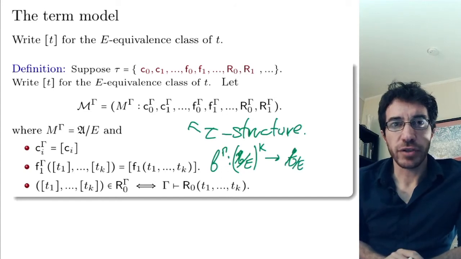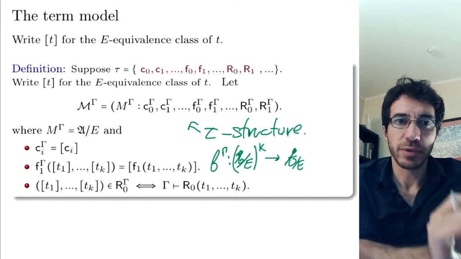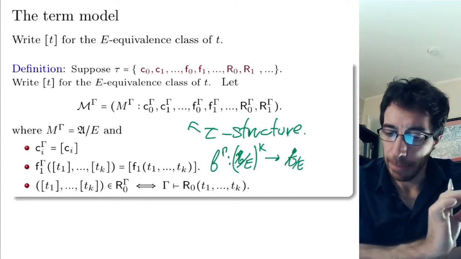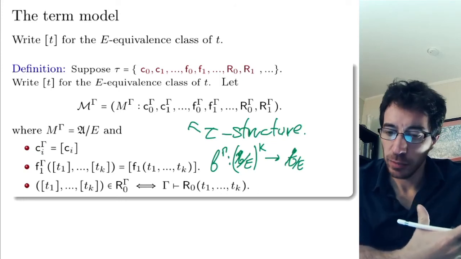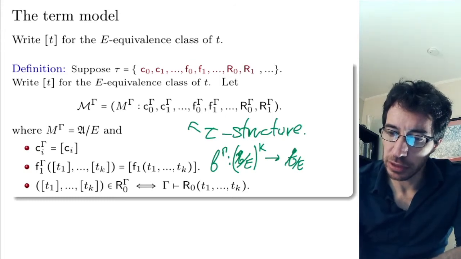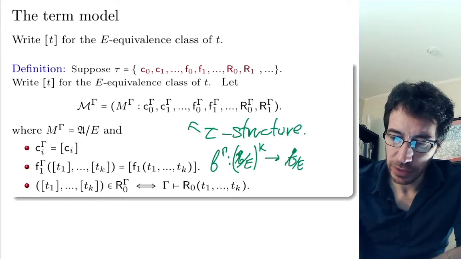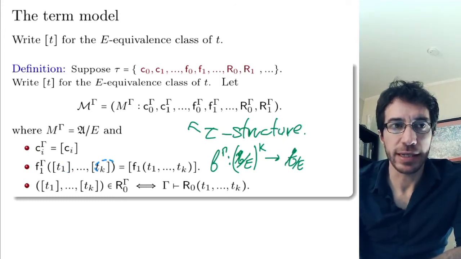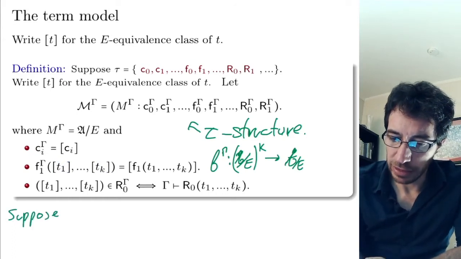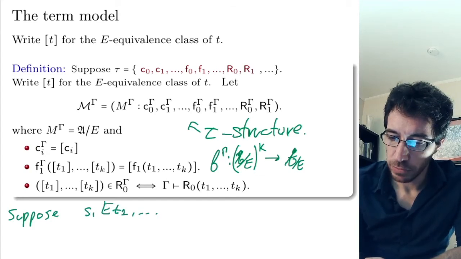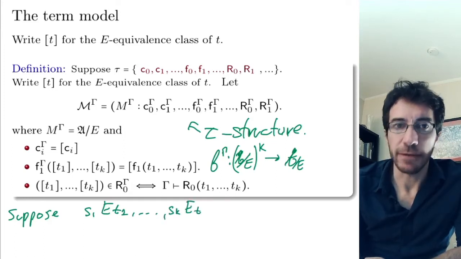When we define a function like that, we always have to be careful that the function is well defined. What does well defined mean in this case? Well, here we're inputting a whole equivalence class, and here another equivalence class, but suppose we take a different representative. So suppose that S1 is a term that is equivalent to T1, and S2 all the way up to Sk is a term that is equivalent to Tk, right?